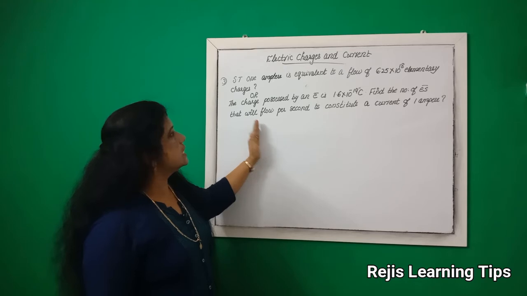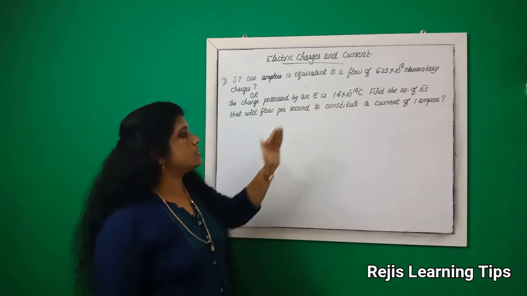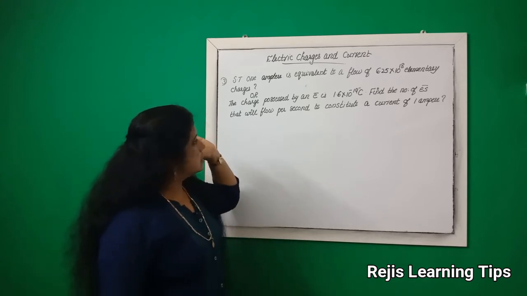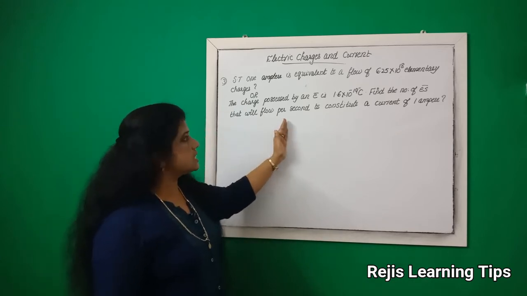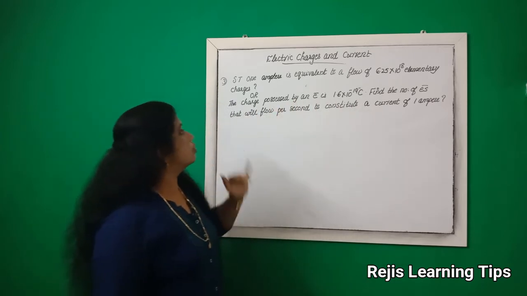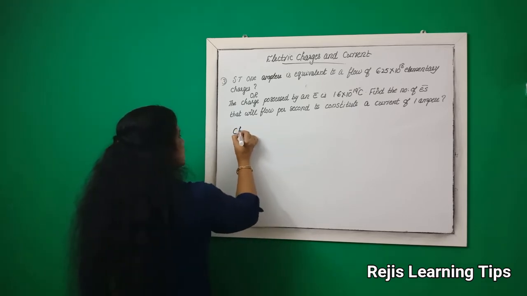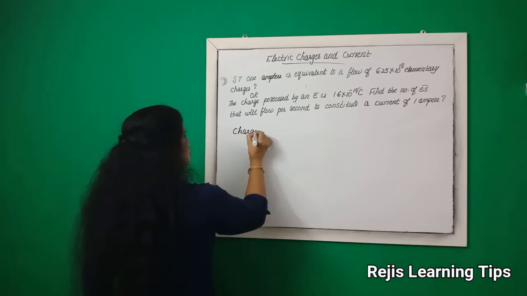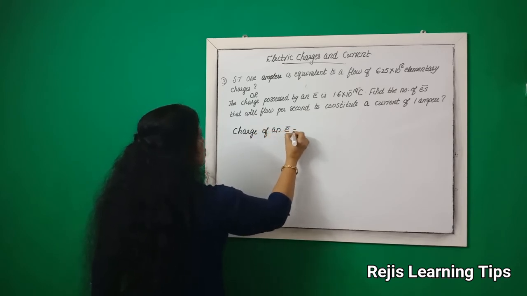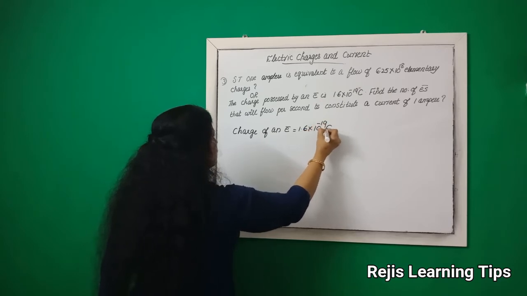In this case, the charge of an electron is given, that is 1.6 into 10 raised to minus 19 coulomb, and time is also given, that is 1 second, and the current is 1 ampere. We should find out the number of electrons. Charge of an electron is equal to 1.6 into 10 raised to minus 19 coulomb.